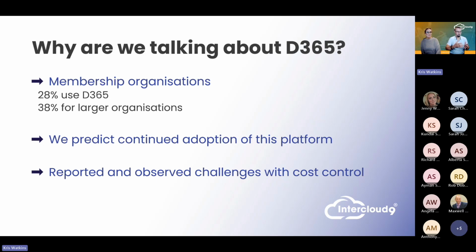And we're talking about Dynamics because we've seen this bit of white space, from reported challenges and some that we've seen in practice, which revolve around cost control for Dynamics. In particular, Dynamics is billed annually in advance for what they call data overage in the platform that has occurred over the previous year. So these costs are designed to come in after you've started using them, but we'll get into that in a later slide.